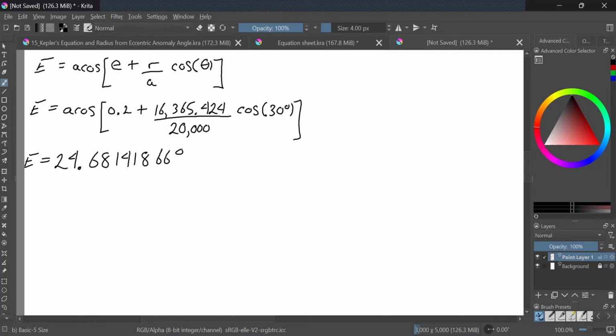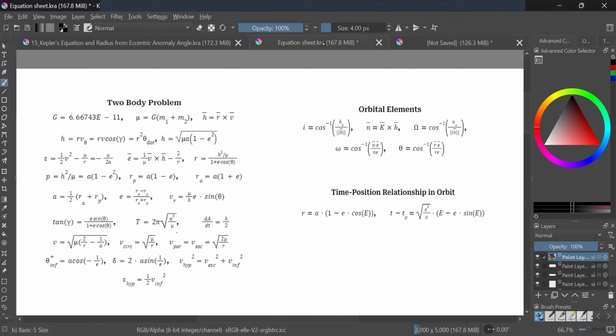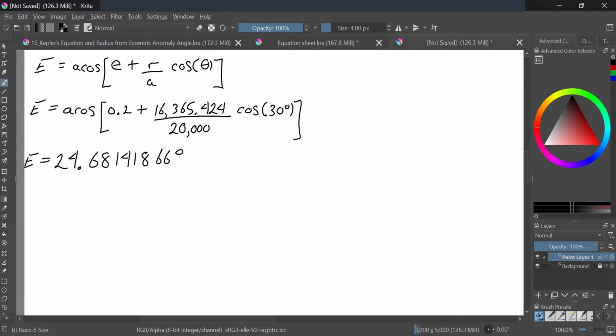But before you clear that value from your calculator, I want to remind you that we are going to be looking for time, and we do need it in radians. So let's go ahead and convert that to radians. And that will give us an eccentric anomaly value of 1.2384944791.